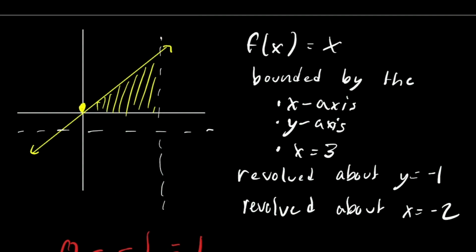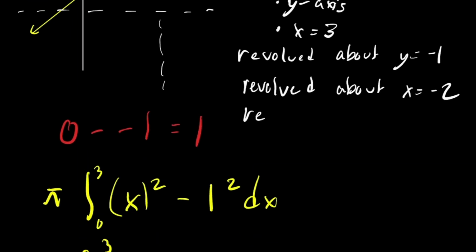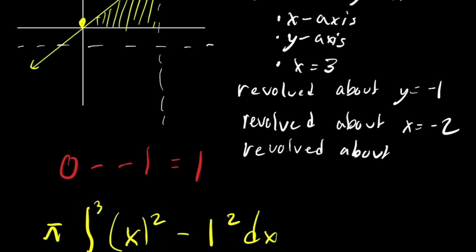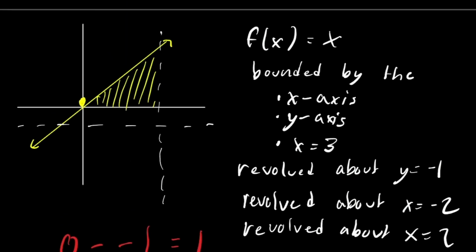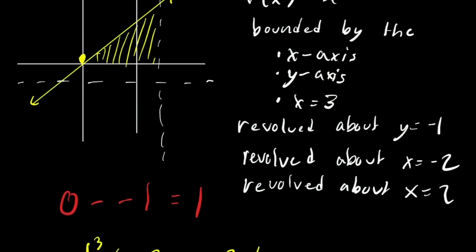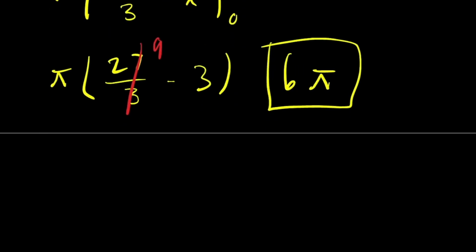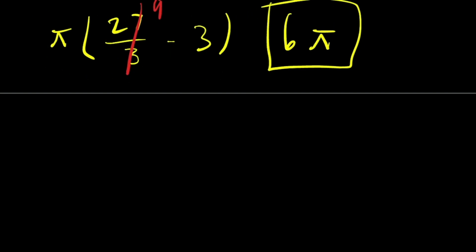Like you would never be asked revolved about, let's see, x equals +2, because that would give us this axis of rotation here, and that would create a really weird shape. So don't worry about situations like that. If that's a situation that pops up, there's a typo. So make sure to bring that up, because then you'd have intersecting volumes. At least I don't know how to calculate that. I don't know if you can, but.